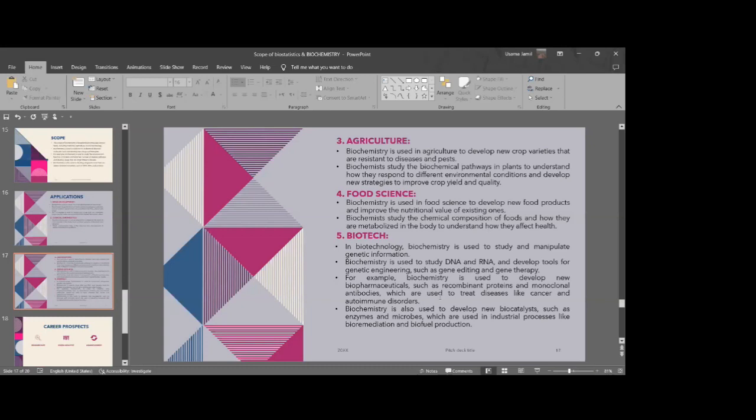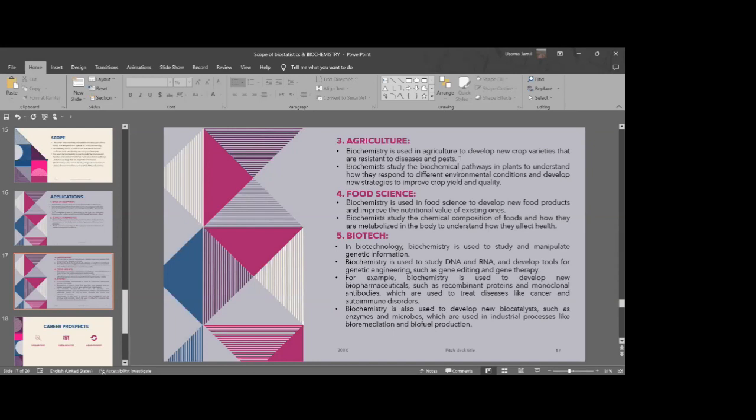Next, agriculture. Biochemistry is used in agriculture to develop new crop varieties that are resistant to disease and pests. This is a major issue. Sometimes there is an outbreak of diseases or pests that eat up all the crops, and this causes widespread economic loss.